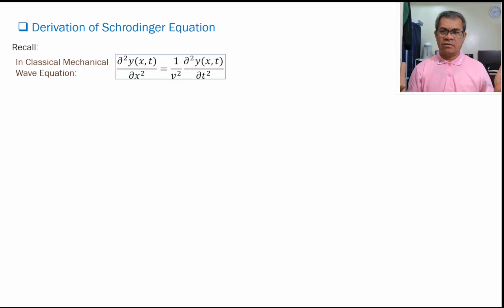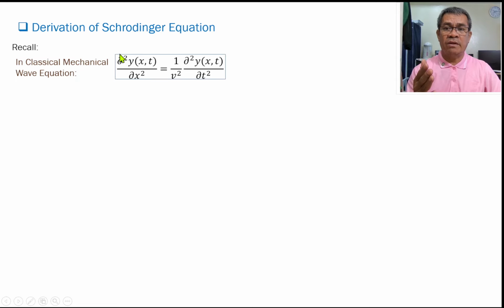Okay? So what is the meaning of the classical wave equation? All mechanical waves will satisfy the equation. Meaning, all wave functions in classical mechanics always obey the classical wave equation.